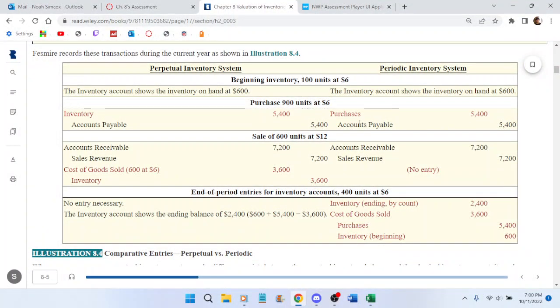Instead of purchases, it's inventory. And then when you sell units, you have to have two entries recorded. This entry and this entry. Whenever you sell, there's 4 things you record. You record cost of goods sold increases and your inventory decreases. And then end of period entry, there's no entry.